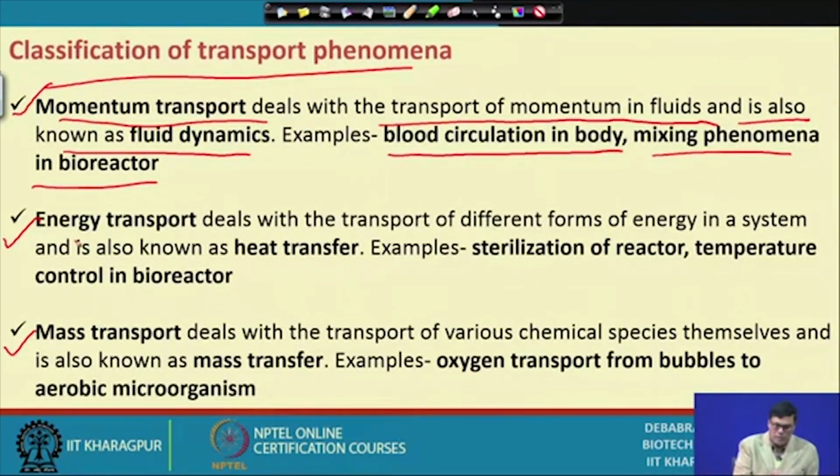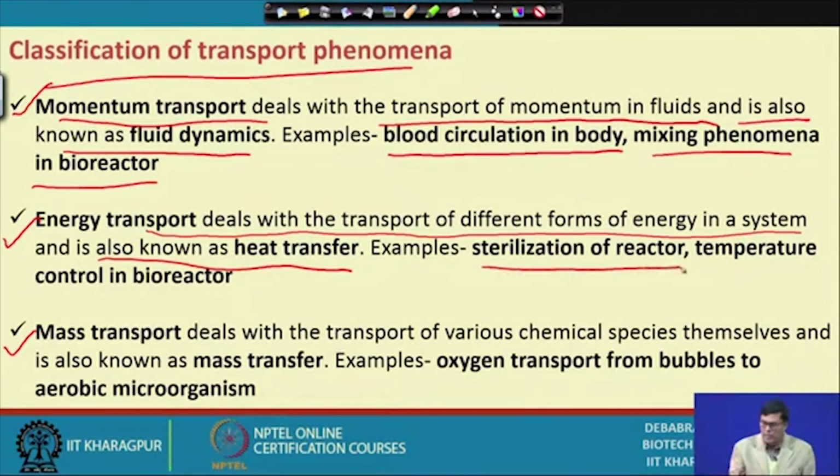The energy transport deals with the transport of different forms of energy in a system, and is also known as heat transfer, as for example sterilization, because I forgot to mention that sterility of the reactor is very important, because we want to grow our desired organism in a particular environment so that we can get the desired product.